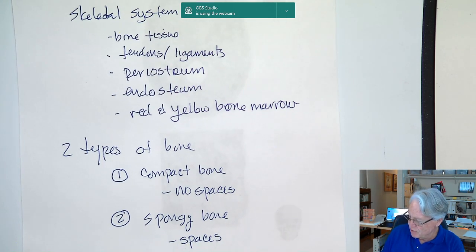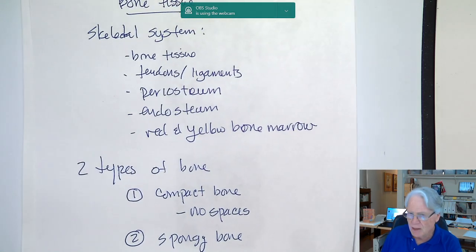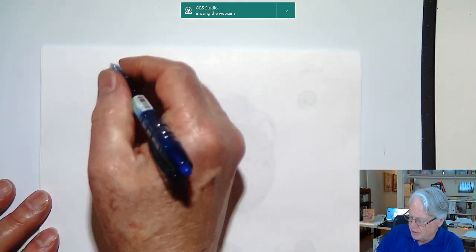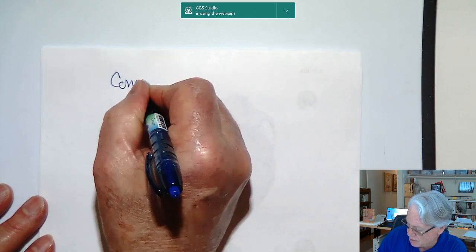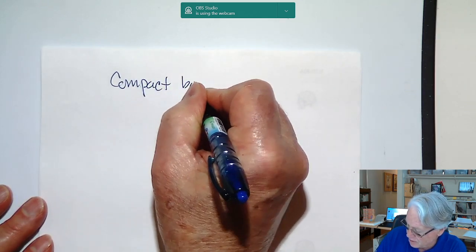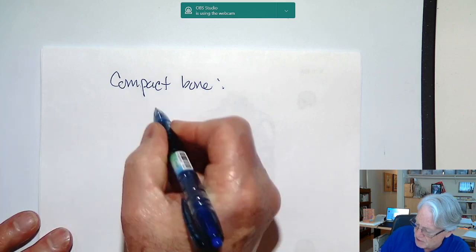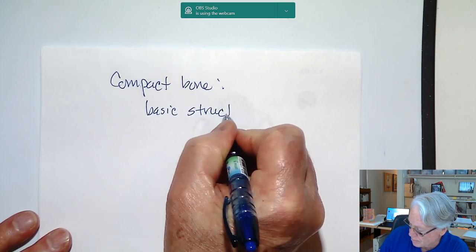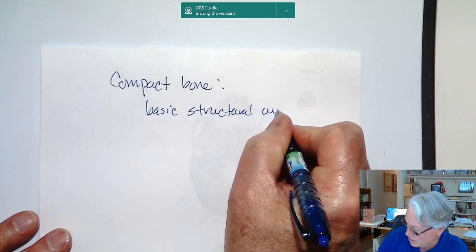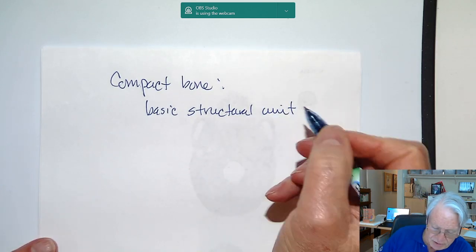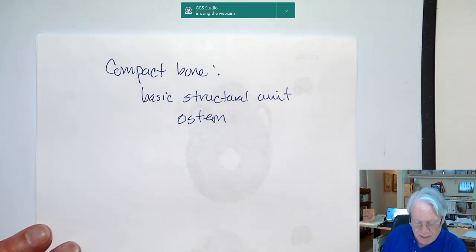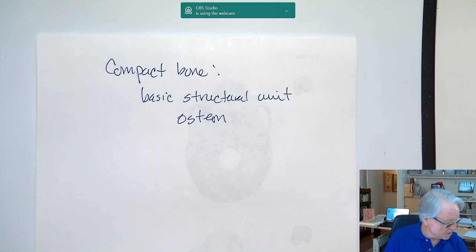So when we talk about compact bone, we have some structures that are important to know. Compact bone, let's take a look at that. The basic structural unit of compact bone is called the osteon. And the osteon looks something like this.